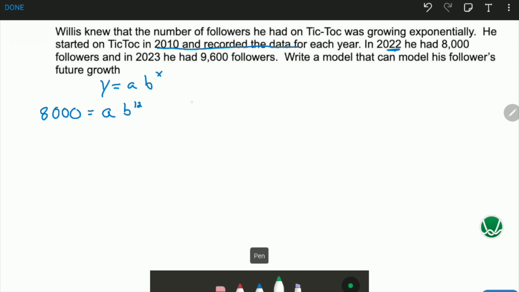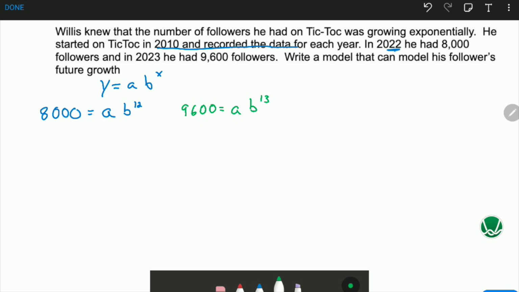And we can also set up one for 2023. So 9,600 followers is equal to a times b to the power of, well, in 2023, 13 years would have passed. So we have both an x and y value.